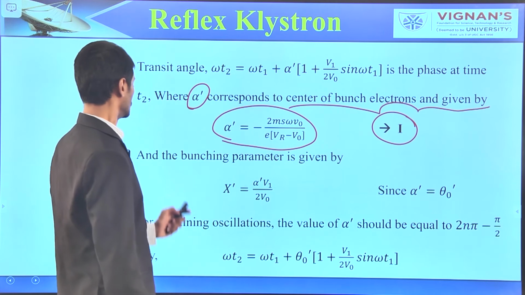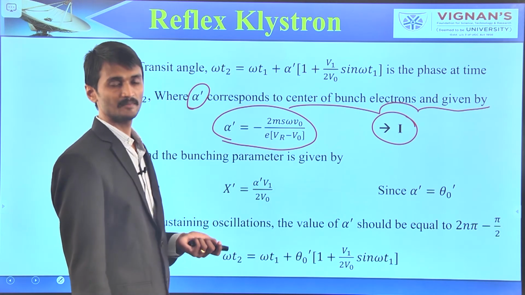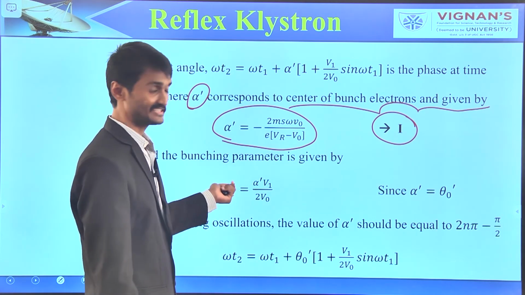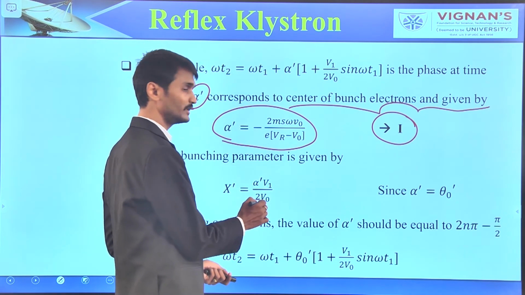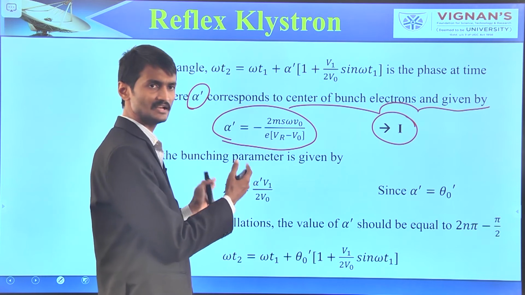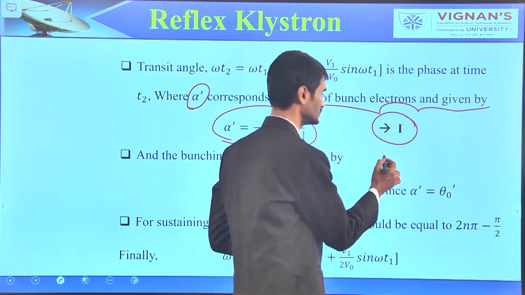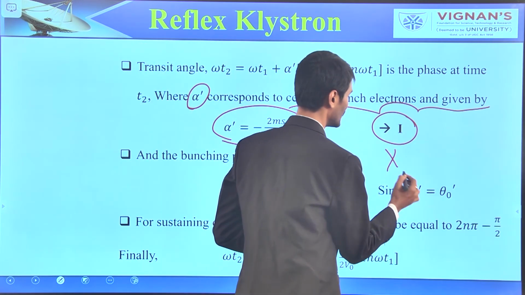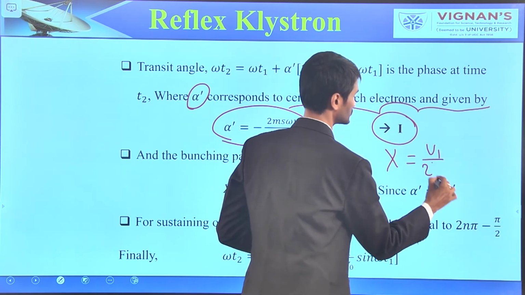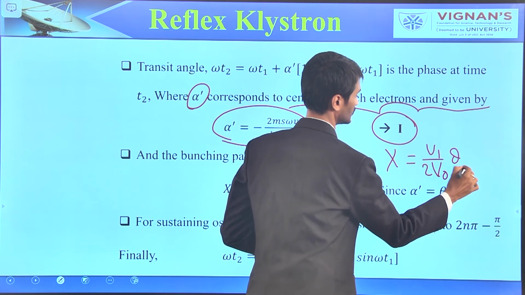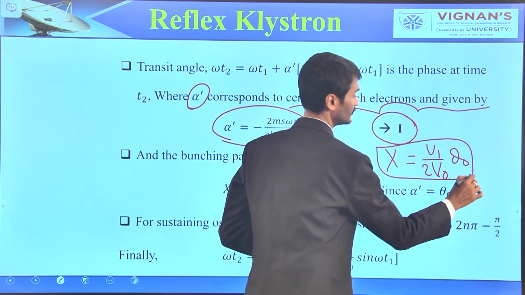The bunching parameter is given by X dash equals alpha dash V1 by 2 V0. The same expression we have already seen in two cavity Klystron amplifiers, that is V1 by 2 V0 theta naught.